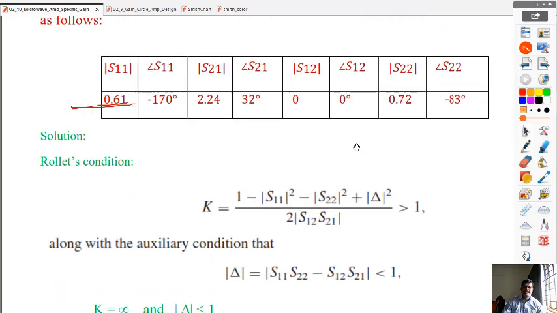Because the S12 parameter is 0. Since the given transistor has the S12 parameter as 0, the given device is a unilateral device.